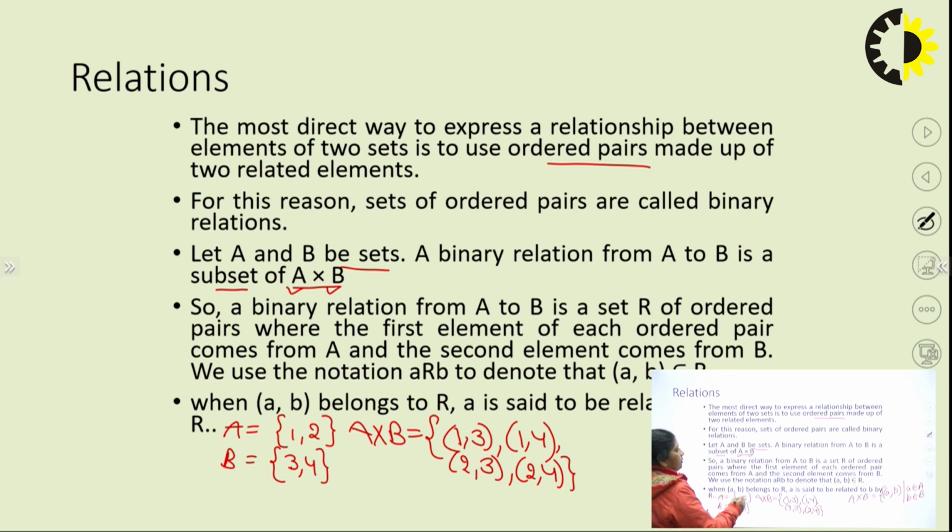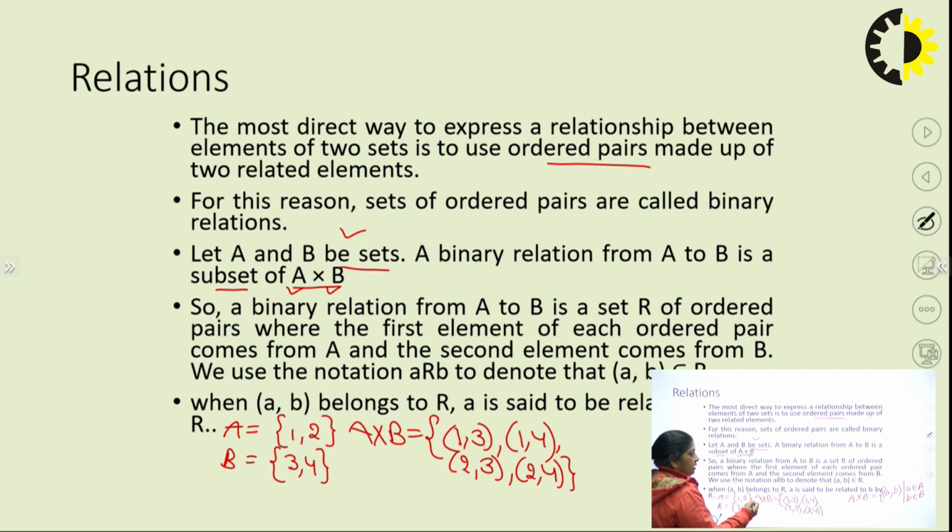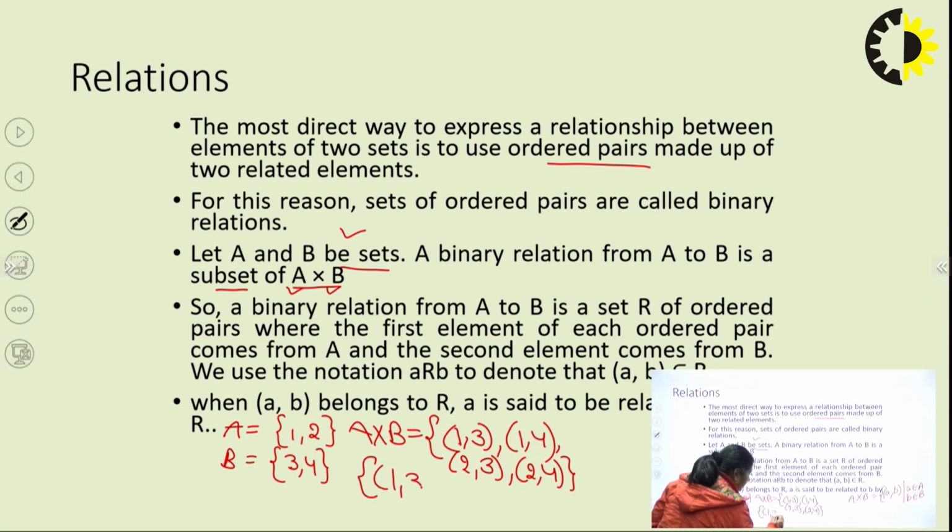So this is the Cartesian product. What is a relation? A relation from A to B is a subset of A cross B. For example, take the subset in which the first element divides the second element. With this condition, I can see that 1 divides 3, so I can take 1, 3.